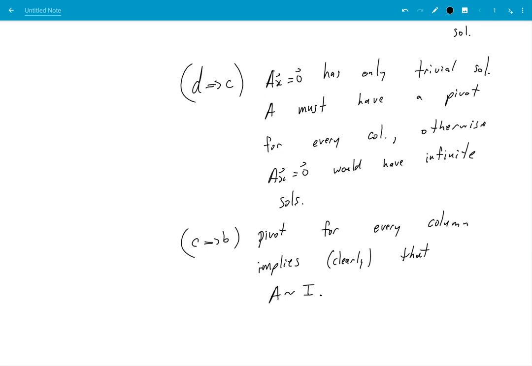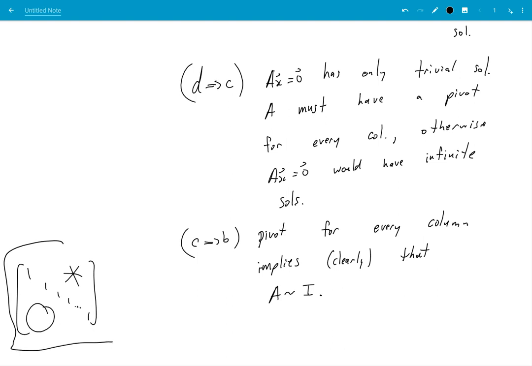There's not much to say there. Because if you have a pivot for every column, you must have something like this with all zeros down here, and maybe you have whatever here. So if you have a pivot for every column, then in echelon form, you could certainly get here, right, as an echelon form. And then it's just a matter of creating zeros above the diagonal, which is exactly the identity.